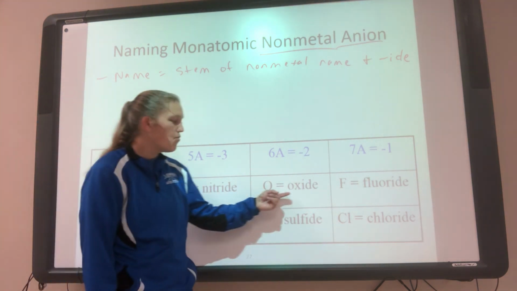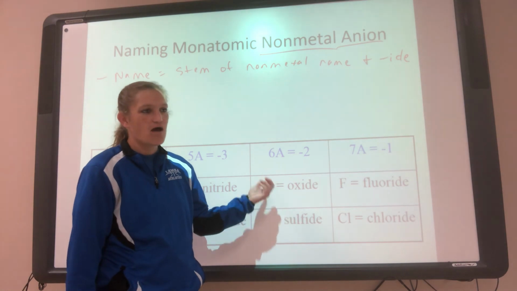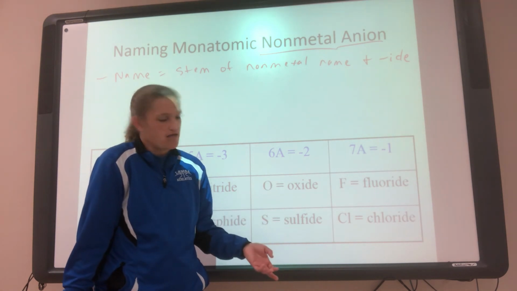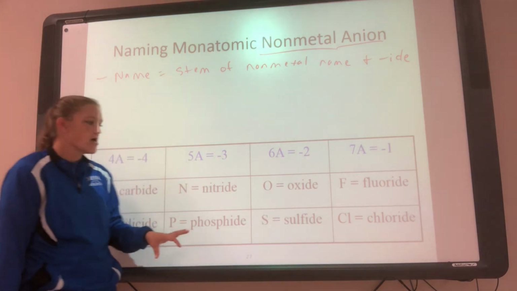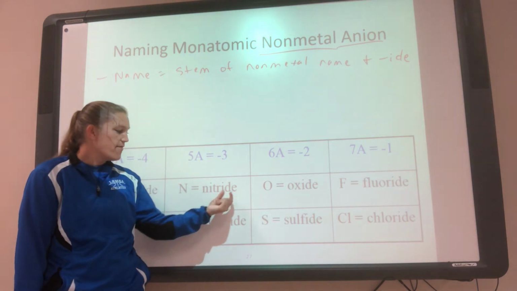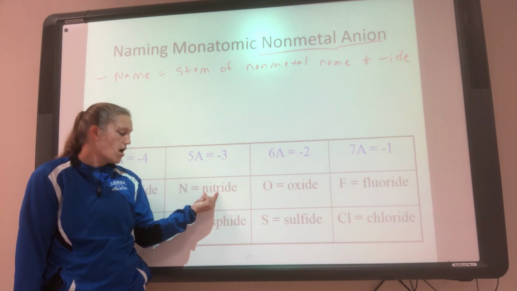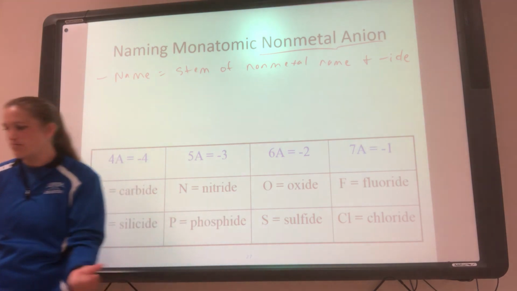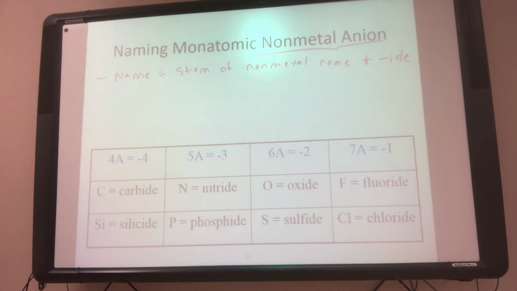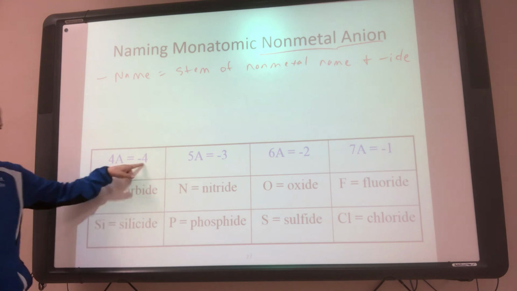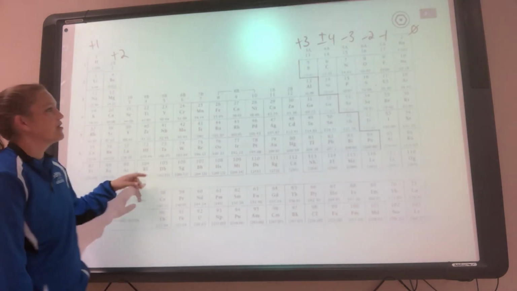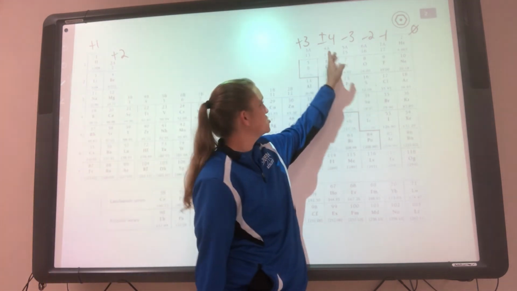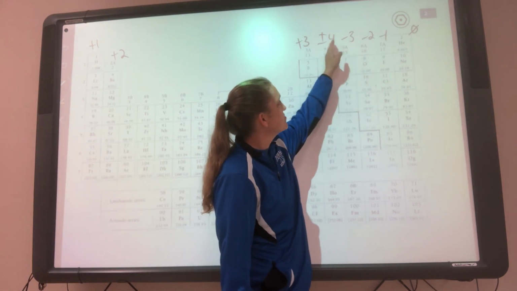Now you might be saying, well, if it's oxygen, why is it not oxygenide? That's kind of hard to say, okay? So part of it is learning how they like to be structured with the stem of the nonmetal name and then the ending IDE. And then the way that we get the charge is based on the periodic table. So for nonmetals, it's just the group: -4, -3, -2, and -1.